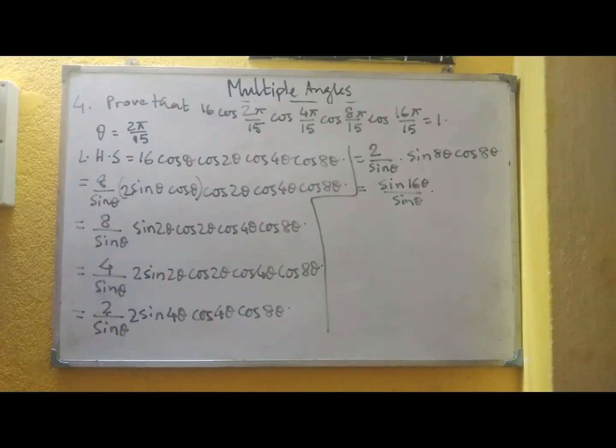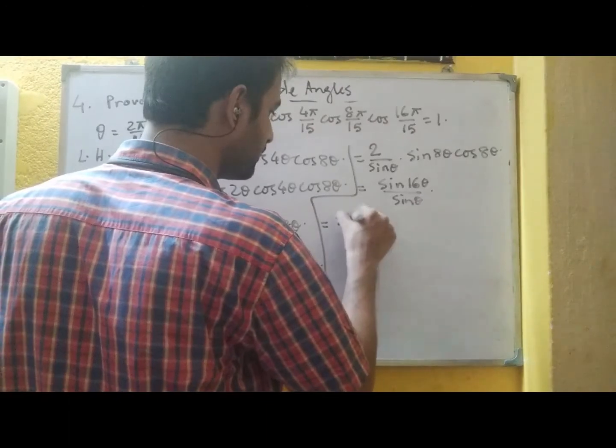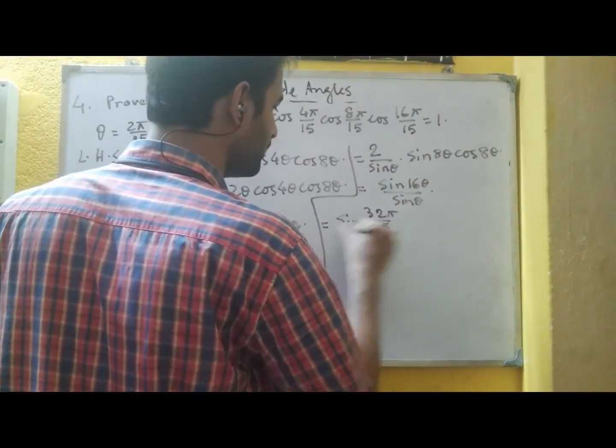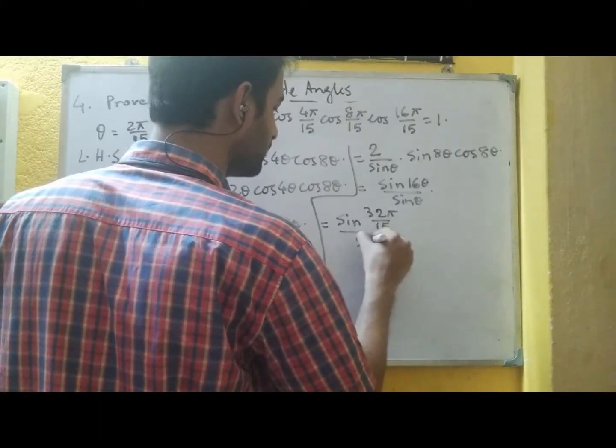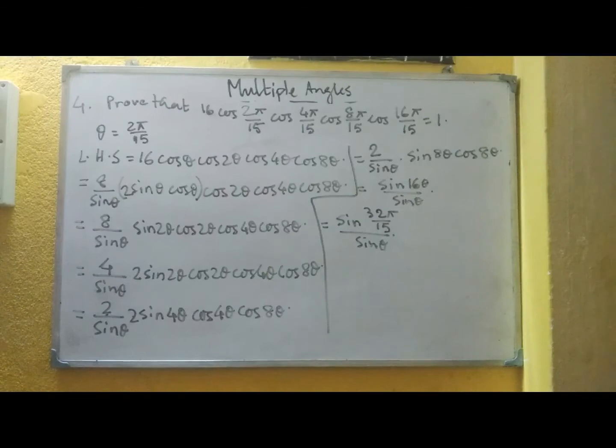Now it's time to put the value of theta again. So we can write it as sin 32 pi by 15 divided by sin theta. Now see how we can break this 32 pi by 15 into a suitable angle so that we can apply some formula.